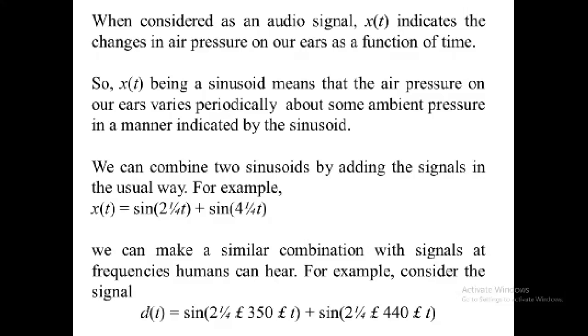A negative value refers to an amount below the baseline pressure, while a positive amount refers to a pressure higher than the baseline. So x of t being a sinusoid means that the air pressure on our ear varies periodically above and below some ambient pressure in a manner indicated by the sinusoid.